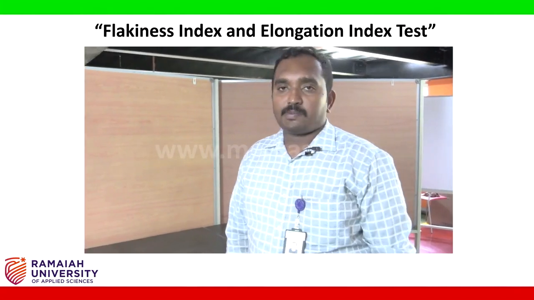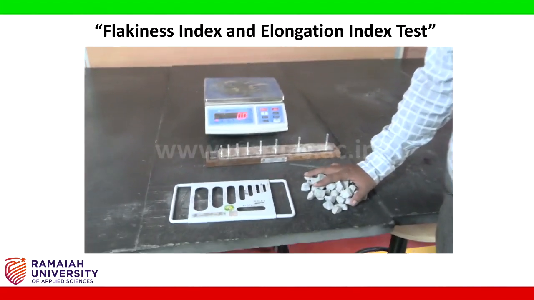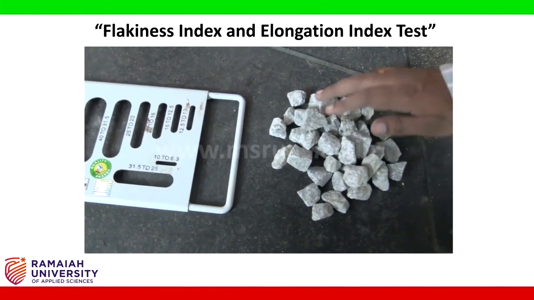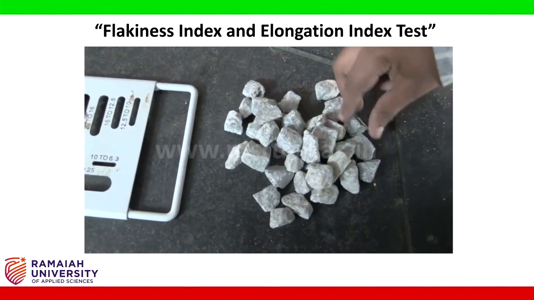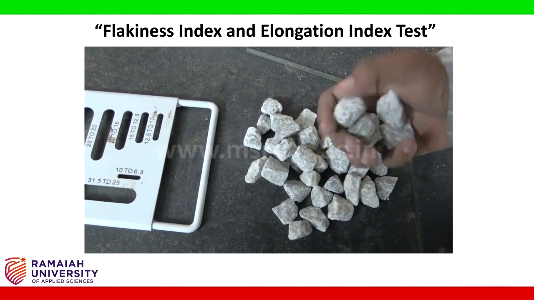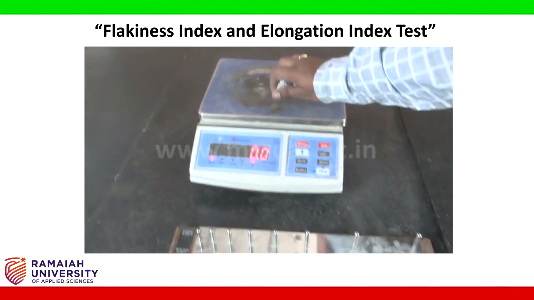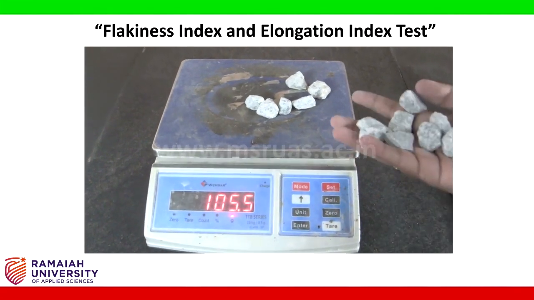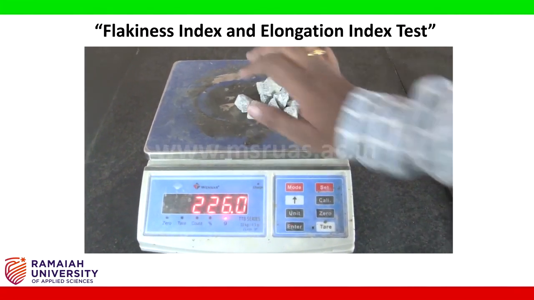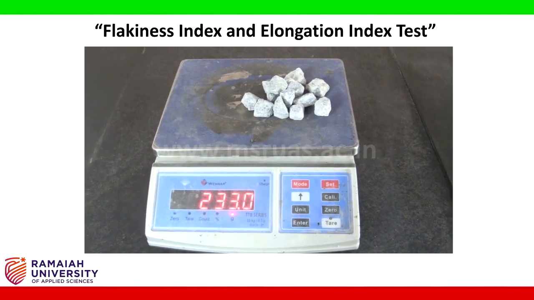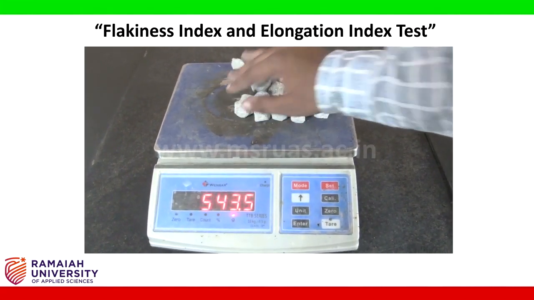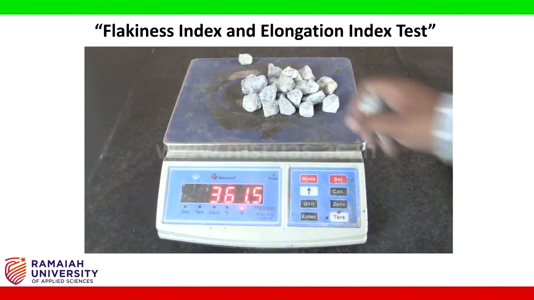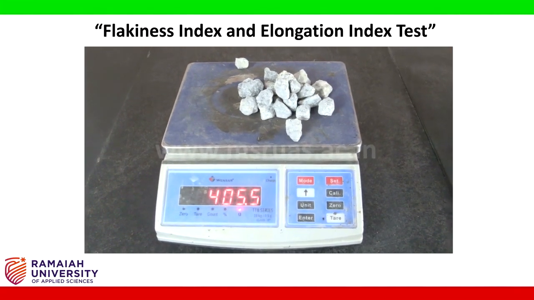Now let's start the experiment. I collected 25 pieces of aggregate which is passing 25 mm and retained on 20 mm. I am going to weigh the total weight of the 25 pieces collected.